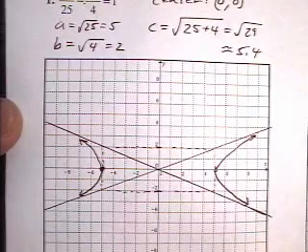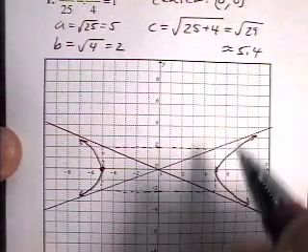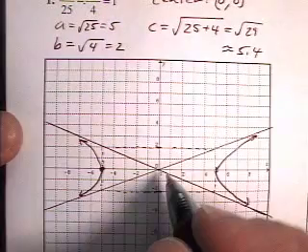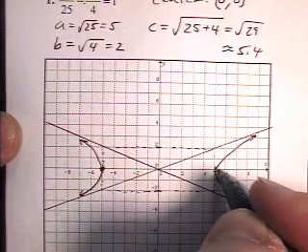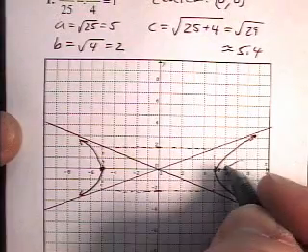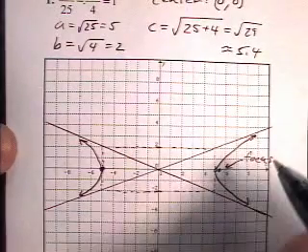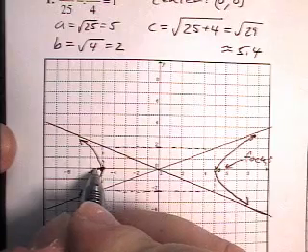Now, if the distance to the edge of the box at the vertex is 5, you'll notice that 5.4 is the distance to the focus. So that goes from the center out to 5.4. So one of the foci sits right there, and then another focus is over here.